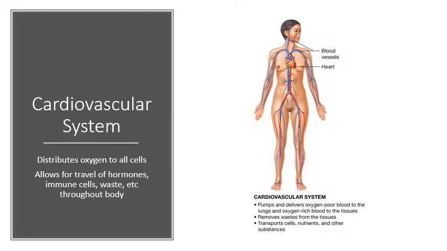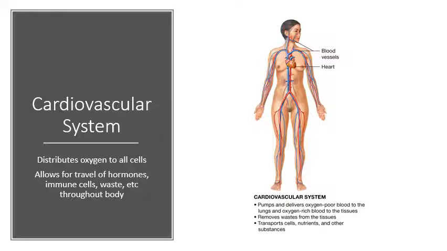Then you have the cardiovascular system, which is the heart and all of the blood vessels in your body. Its function is to move blood around the body. Actually, blood is also part of the cardiovascular system, as you might guess. That blood is carrying oxygen to all of the different cells in your body. It also carries nutrients that you absorbed through the digestive system, like from your food.